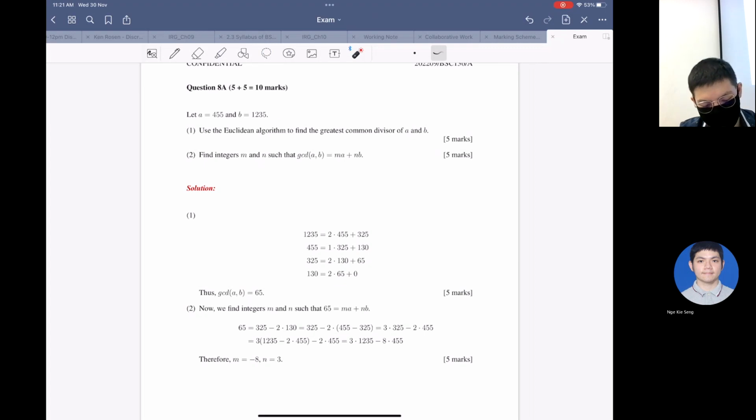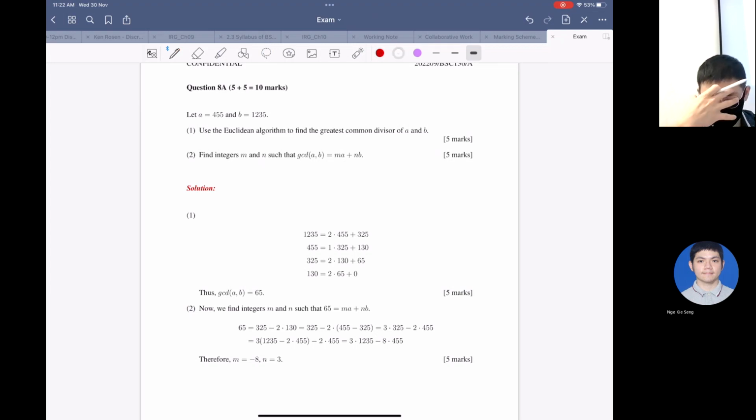Question 8. For EA, the Euclidean algorithm, find m and n. This one is a standard question, a tutorial question as well, also in the lecture examples. I don't see any reason you can get it wrong, but some of you still got it wrong. That means you didn't do the tutorial or even understand the lecture example.